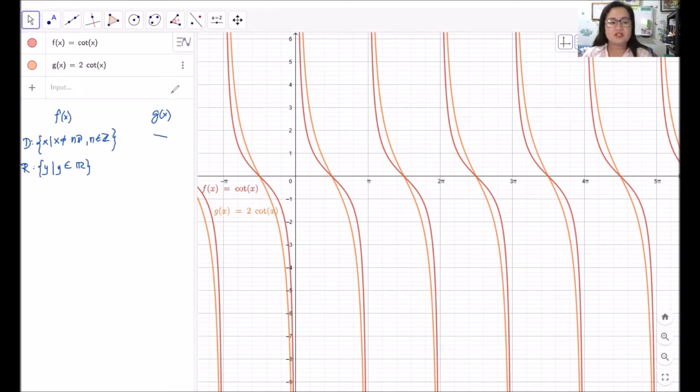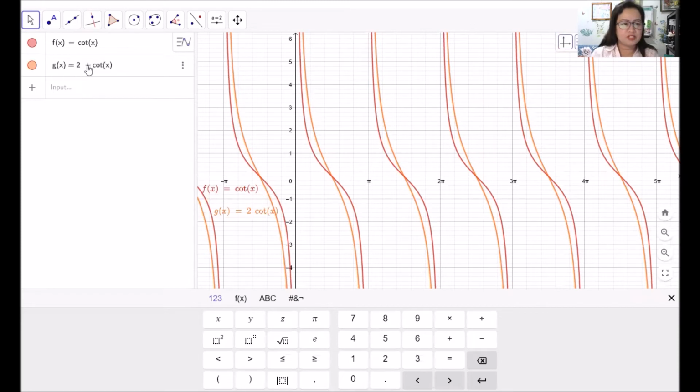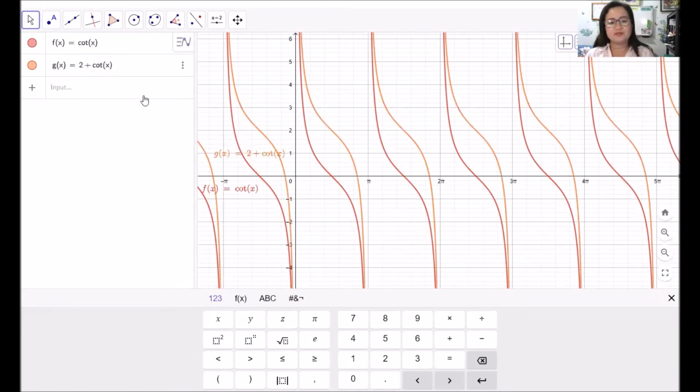So let's proceed. What if there is a change in the value of b? Let's say we have 2 plus cotangent x. It seems that the graph of cotangent x is translated upward. How many units?